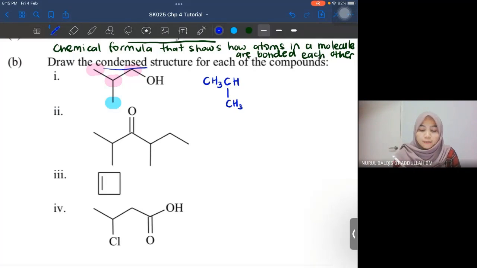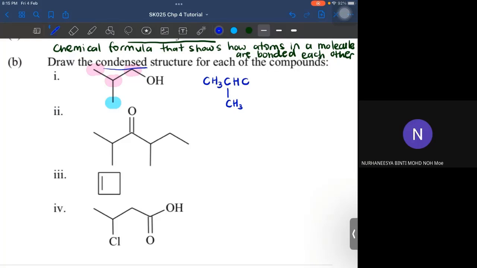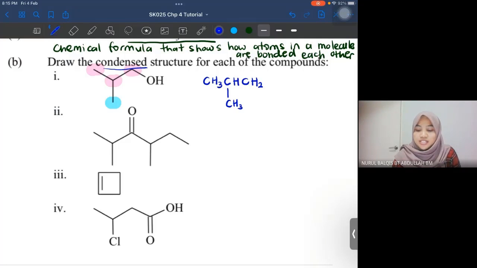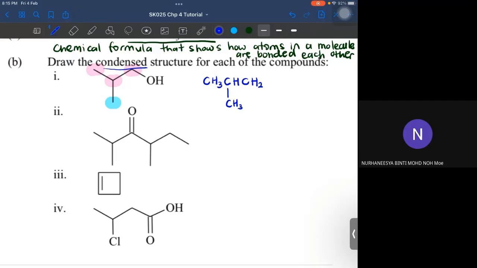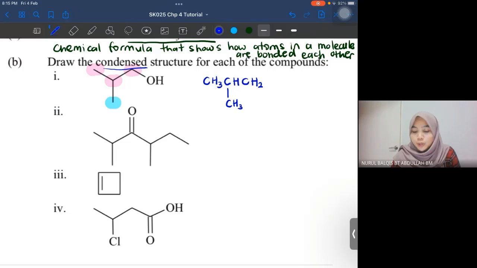Lepas tu carbon yang ketiga ada berapa hydrogen attached to it? 2. H2. And then what about the OH? The OH is attached to siapa sekarang? Dekat carbon. So do you need to show the bond between carbon and OH tu? Tak perlu. Okay. Sebab dia duduk hujung, boleh jawab terus buat macam ni.